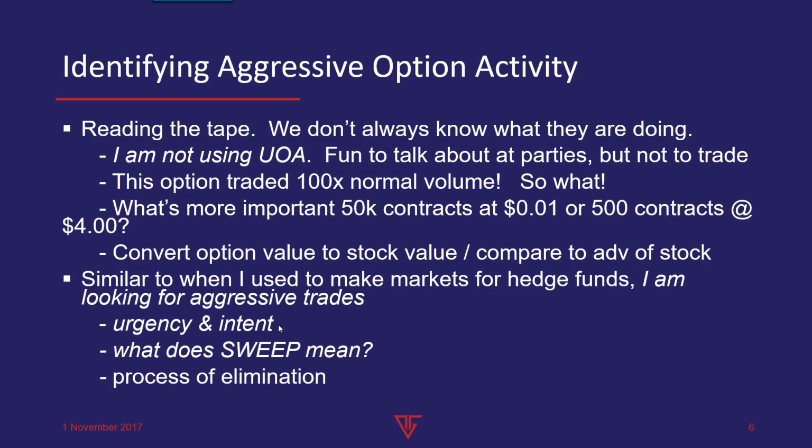When looking at these transactions all day long, the ones where somebody has that urgency to get done could be more meaningful than other orders on the tape, especially when they do that several times. I'm going to talk a little bit about repeat orders as well, but there's definitely a difference in urgency and intent.